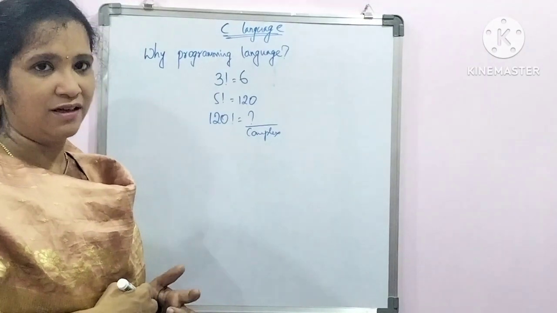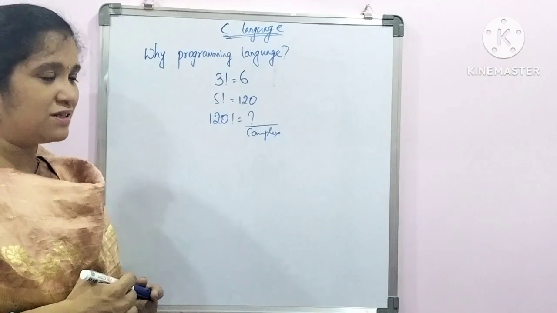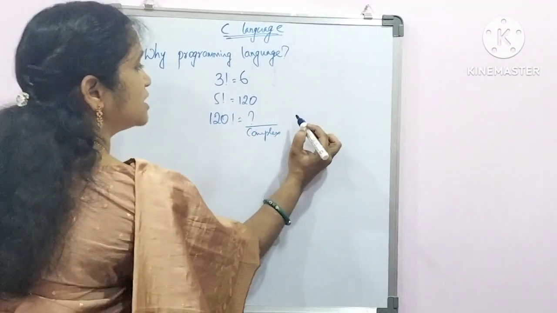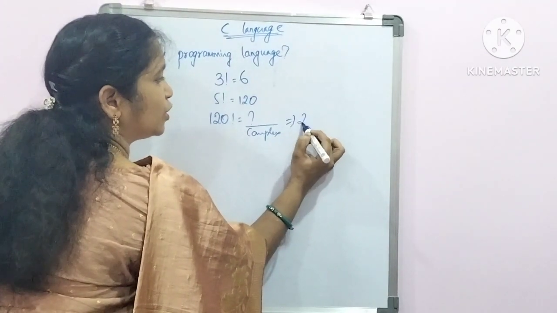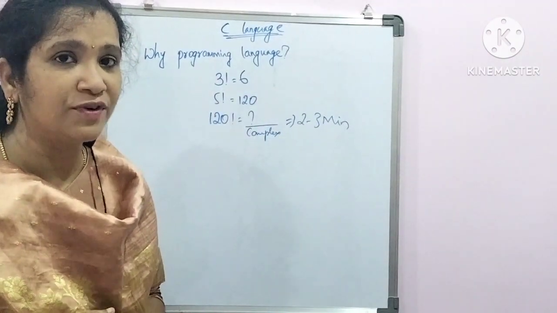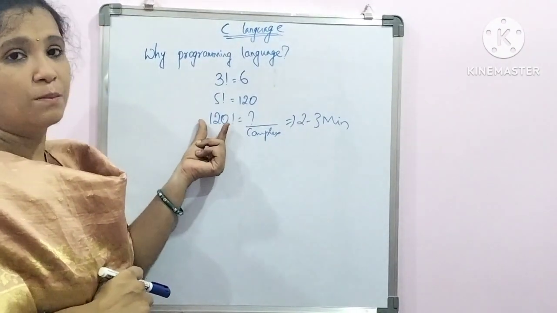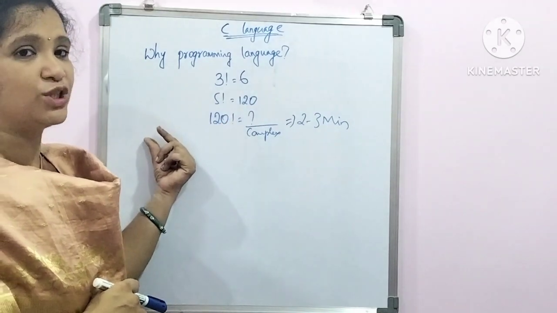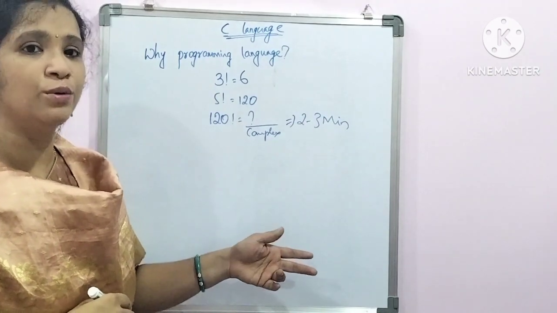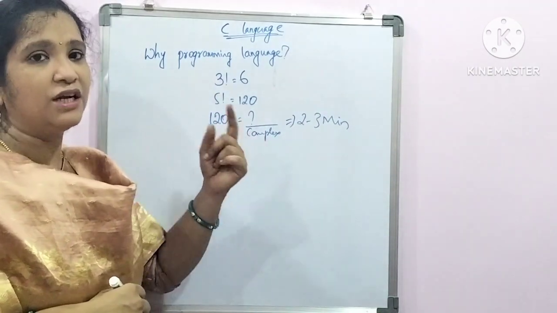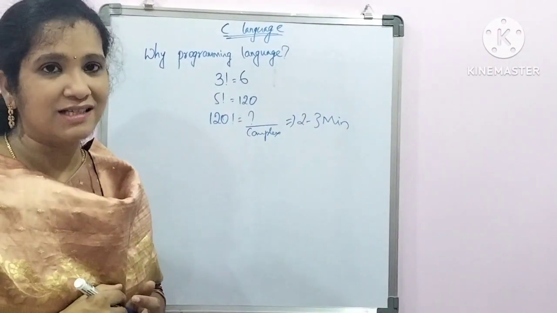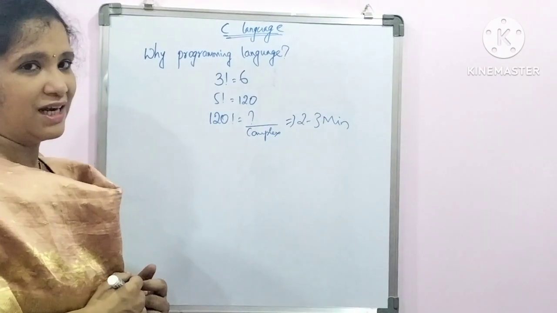If this value is calculated by humans, it will hardly take 2 to 3 minutes. But if the same problem is given to an electronic device, it will give the result in 1 second. So the time is much less compared to human calculation.